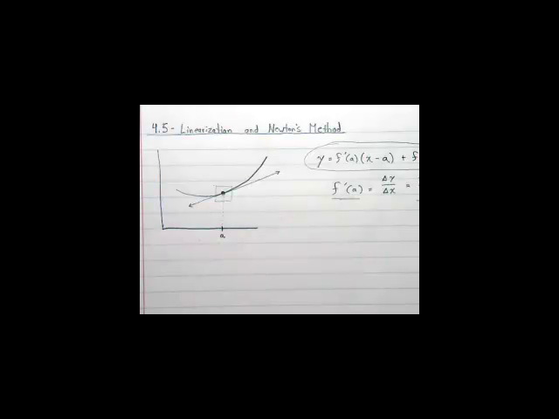The theory is, as you zoom in closer and closer, eventually you don't see the curve anymore, and what you're really looking at is the tangent line. Does that idea make sense? That this curve, as you get closer and closer, is going to start to flatten out, and eventually it's going to look like that tangent line you're making through that point. So that's the context we're working within here.